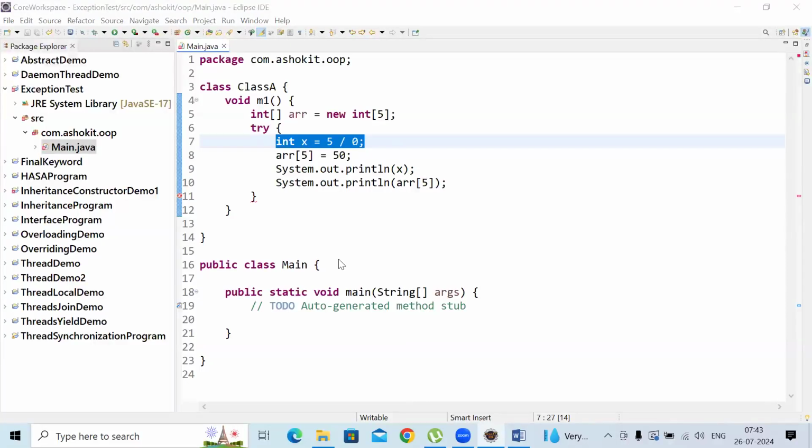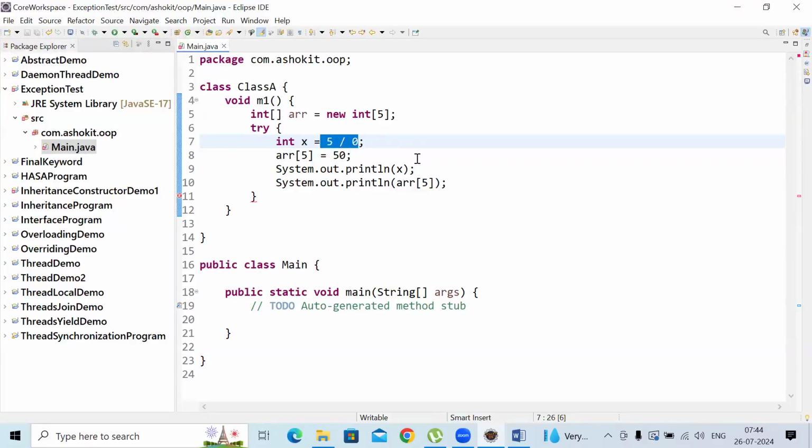Arithmetic exception. Yes, at line number 7 we are going to get an exception called arithmetic exception, because we are writing 5 divided by 0. If you divide any integer value by 0, we get an arithmetic exception. This is called the numerator, this is called the denominator, and both are integers.